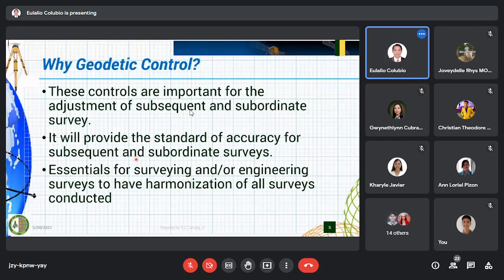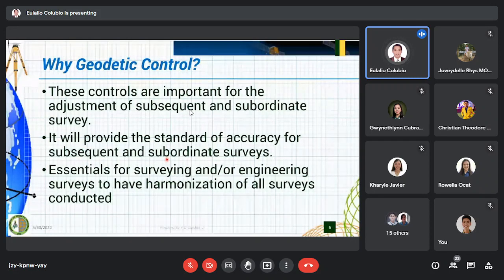if you see these types of monuments, please inform the residents where the monuments are, to preserve this kind of monuments. They don't know how important these monuments are in our area. So we as geodetic engineers should use that monument as our reference.